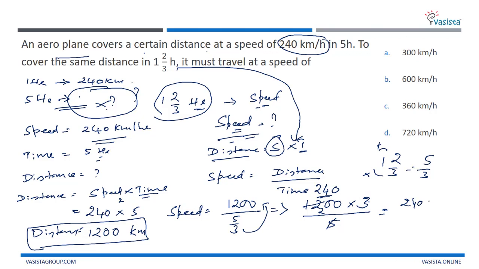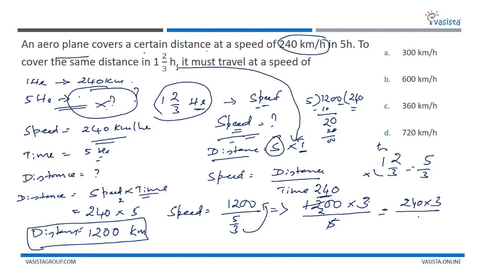If you can't divide like this, you go with the normal method. So 1200 divided by 5. 5 twos are 10, subtract, 0. 5 fours are 20. This 0 comes down here, 240.